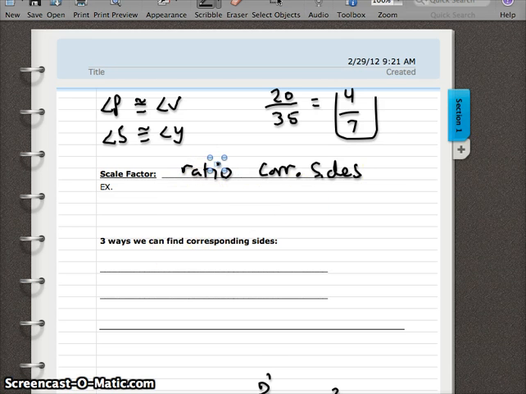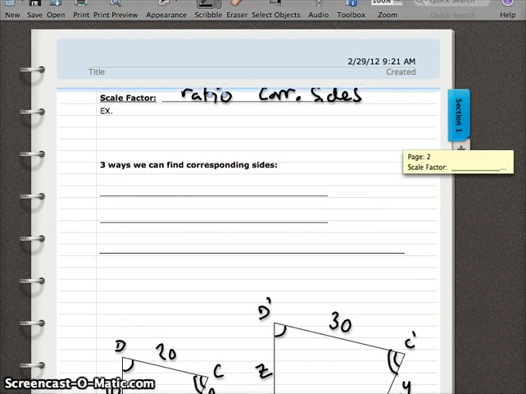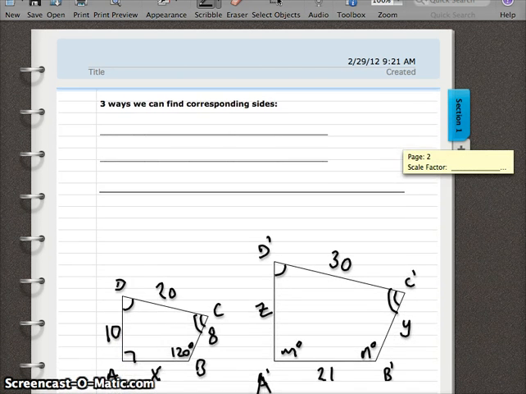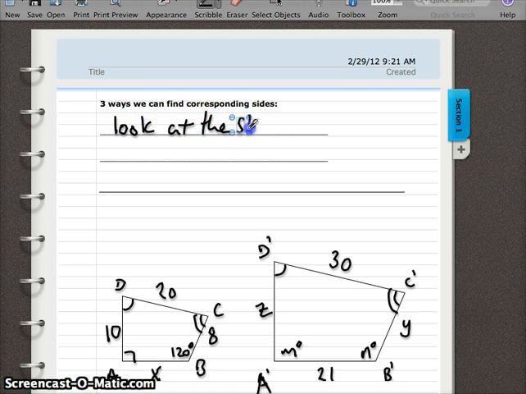Let's make sure that we can find corresponding sides. Since we've been talking about corresponding sides, let's look at some shapes that are said to be similar and see some various ways that we can tell which sides are corresponding. So the first way is the most obvious. Look at the shapes.